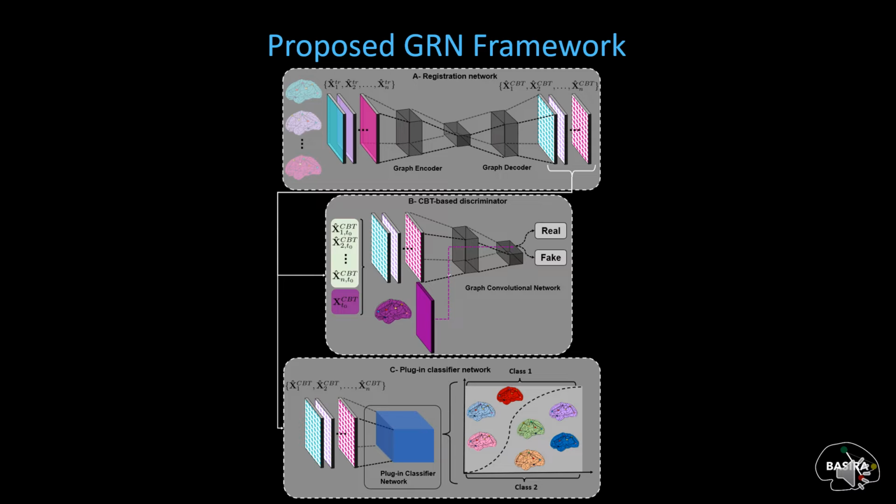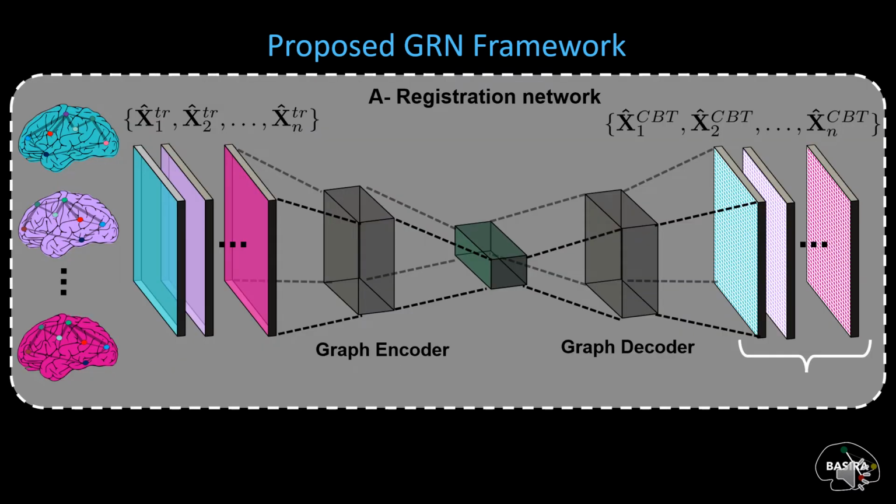As an overview, first we learn how to register the brain graphs into a template with our registration network. Then we use the registered brain graphs to feed into the plugin GNN that learns to classify the state of the brain graphs. These steps work in an end-to-end fashion, optimizing a joint loss function. Here we have a close look to our proposed GRN.